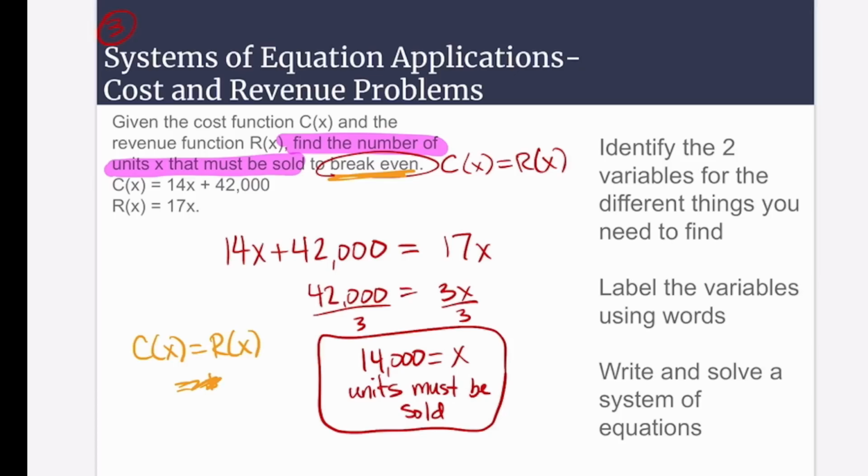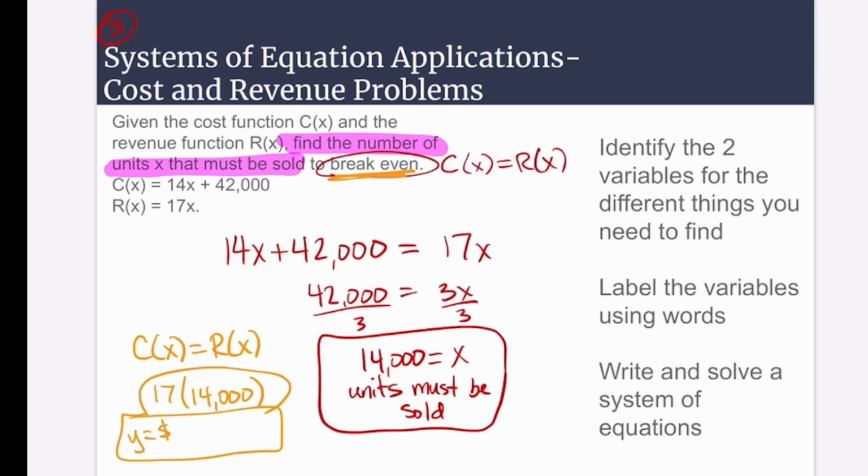They're going to be the same regardless of what you do, but you would do the 14,000 and the revenue is probably going to be easier. And because it's revenue, it's going to be a dollar amount. So if they did ask for something else, that's how you would find the other value.